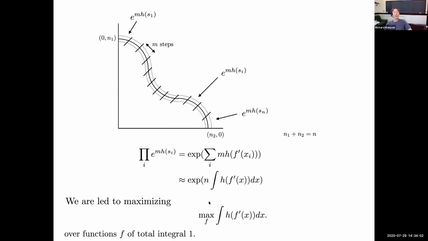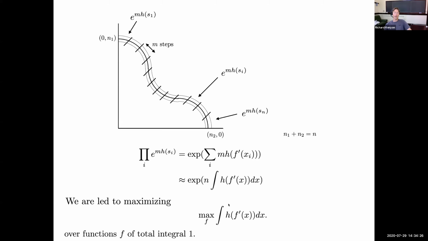So what we really need to look for to find the growth rate of this function is to maximize this integral over all functions f with the correct boundary values, that they start here and end there, and have the correct surface area underneath them. So that is the origin of the variational problem: we want to maximize over f this particular integral.